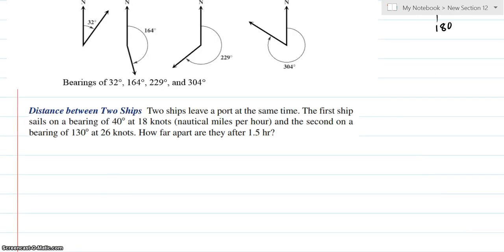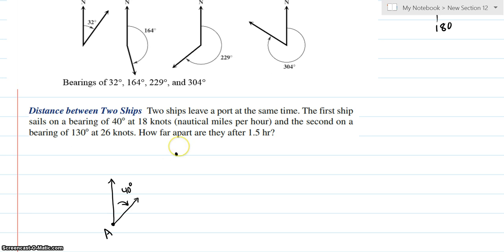Sketching a graph can be tricky sometimes, so let's go ahead and try this. I'm going to do a point here for the first ship. He's maybe right at that point A at the beginning, at some moment in time when he checks his bearing and he realizes he's about 40 degrees. Again, I start north and I go 40 degrees to this other ship. So the other ship has to be along this line here somewhere.